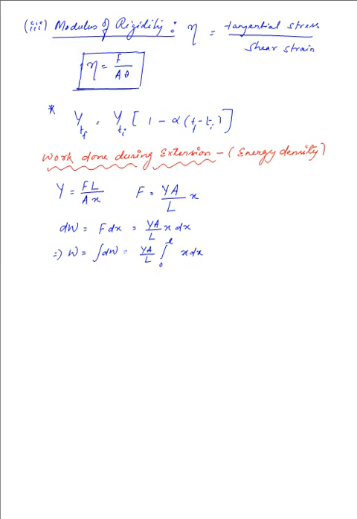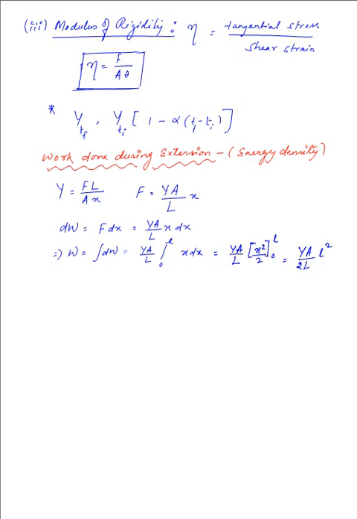So that is going to give us YA divided by L, x squared by 2 taken from 0 to l. So that is YA by L, and this is l square by 2. The 2 can come up over here.